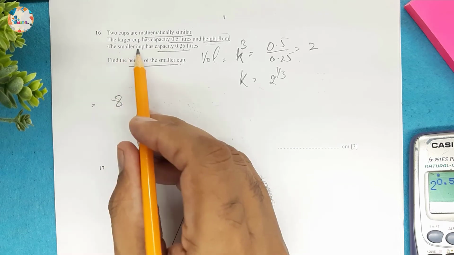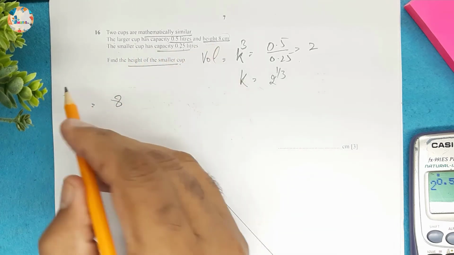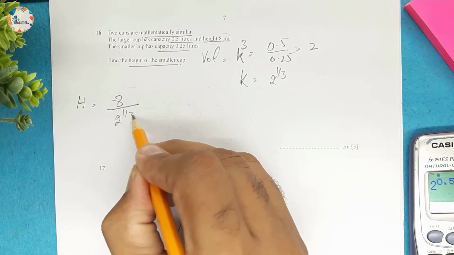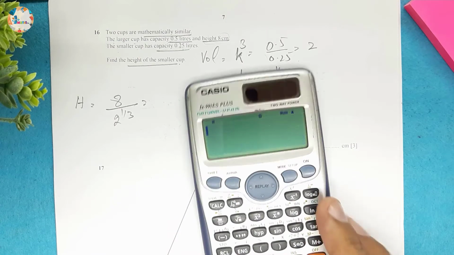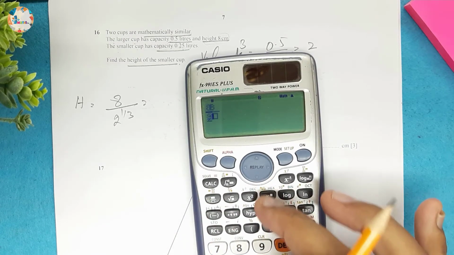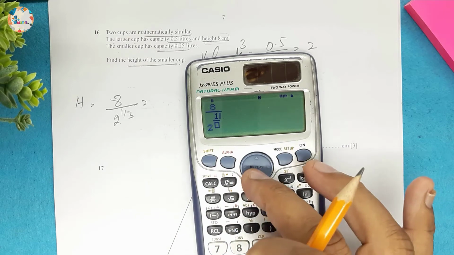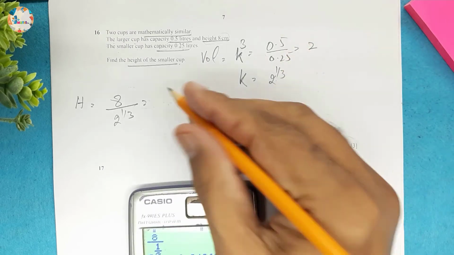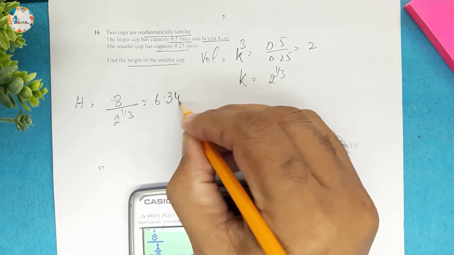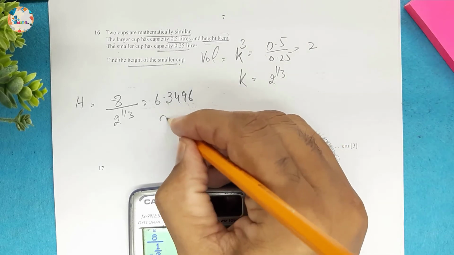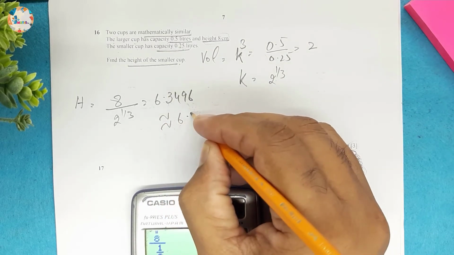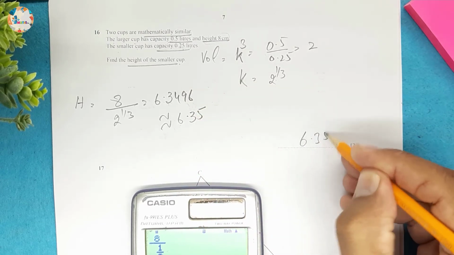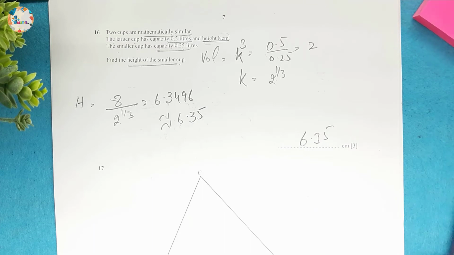The larger cup has a height of 8, so the height h will be equal to 8 divided by 2 raised to the 1 by 3. We can directly calculate 8 divided by 2 raised to the power 1 over 3, and this will be given as 6.3496, which is approximately equal to 6.35. So 6.35 I'm writing over here, up to 3 significant figures.